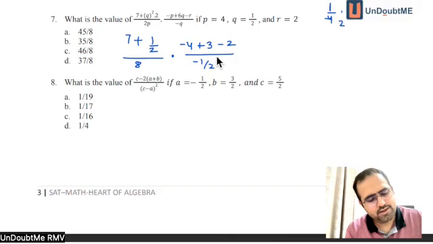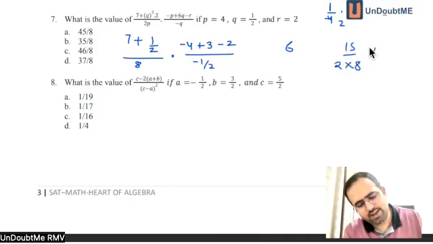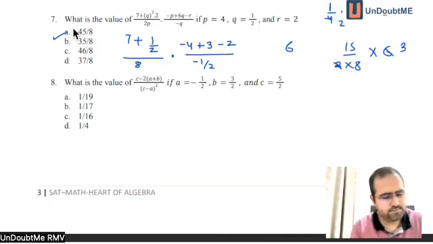I found it. You got A? Yeah. Okay, so minus 6 plus 3 will be minus 3. So it will be effectively 6. That will be 14. 15 by 2 times 8. And over here it will be 6. A is correct.